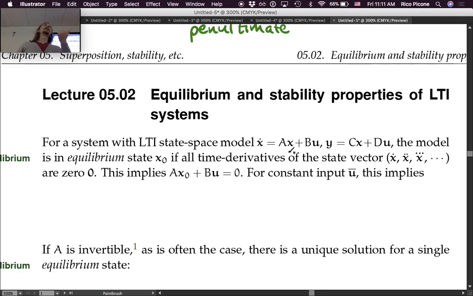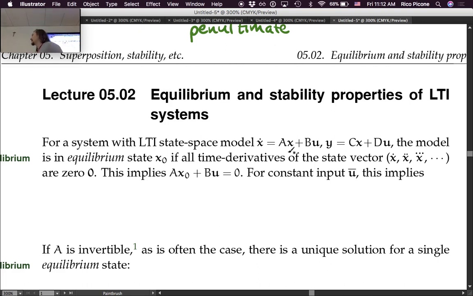Oh, and the other one was differentiation and integration of inputs, which we talked about last time. And this time we're going to also talk about equilibrium, which is another property of an LTI system or of any system. And then finally, stability as well, which is another property. And these properties are really useful to classify systems and to solve for things with them.